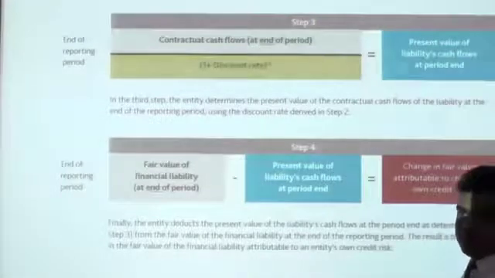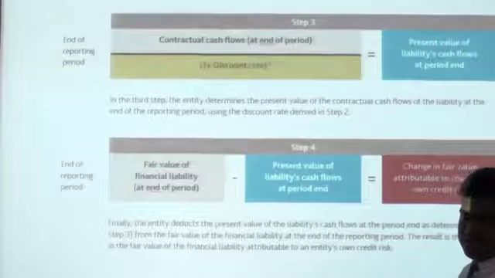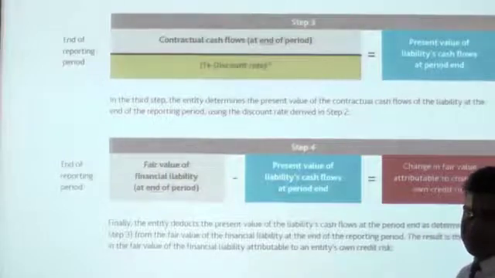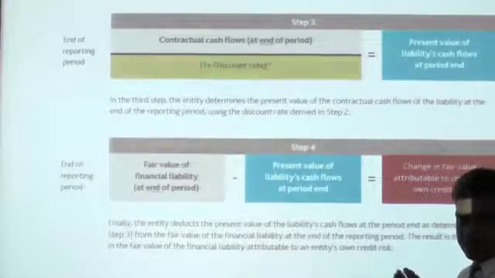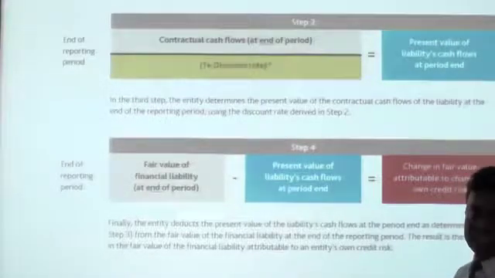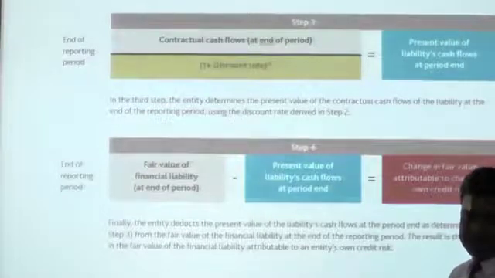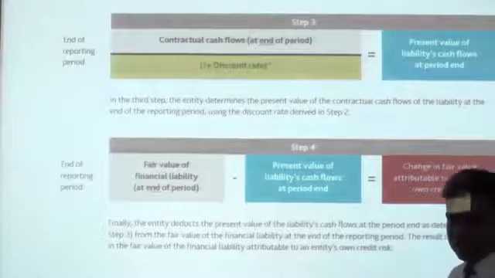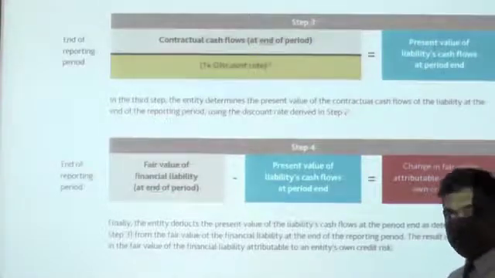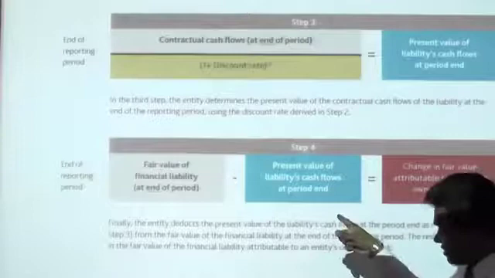What do you think? Can it be tested? Definitely. The reason is this was tested in the BFR paper last June. Can you believe? I don't know why that examiner tested like this. You had a very easy question for financial instruments in the CFR paper. It's the initial recognition of available for sale into fair value through OCI. That was the question you had. But BFR students had this story.